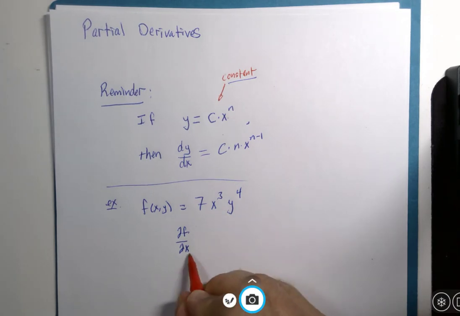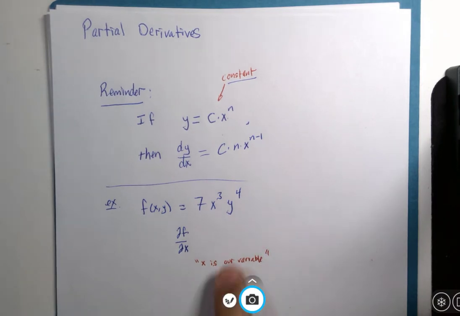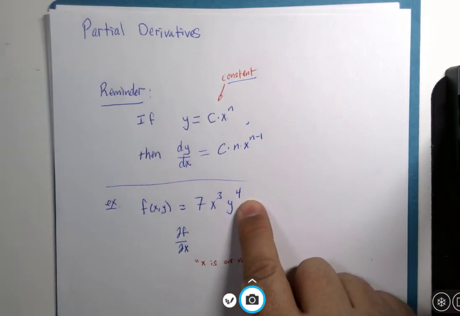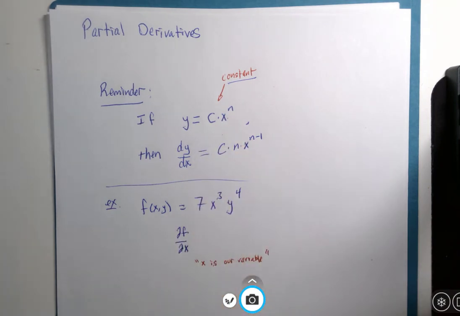So this right here is saying x is our variable. So this y to the fourth is very much like the 7 that's here. It's just the constant in front of the function when we do this calculation.